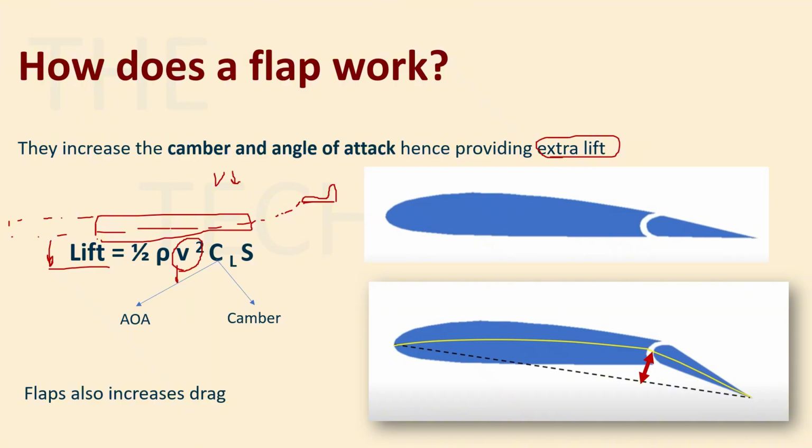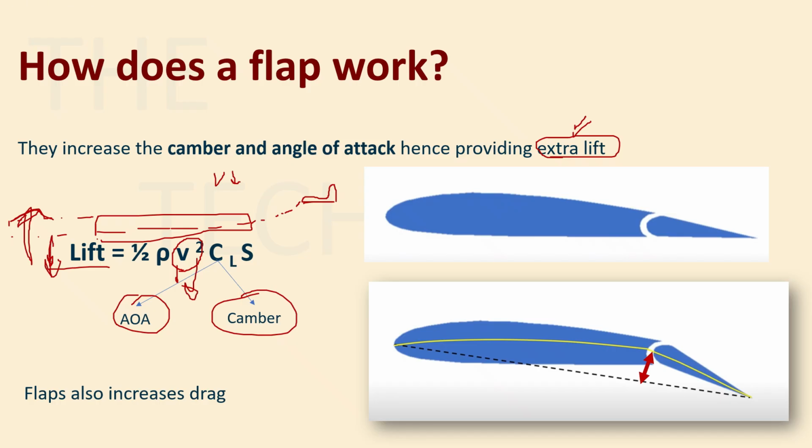So when you have deployed flaps, you have got something known as extra lift, right? So see, a pilot who has deployed flaps has increased the angle of attack and has increased the camber, right? So there was already some additional lift that we had. And now, when we were approaching, we have reduced our velocity, which will reduce our lift.